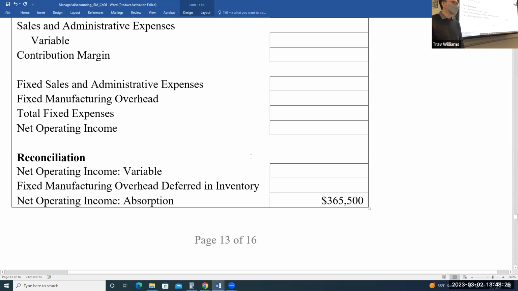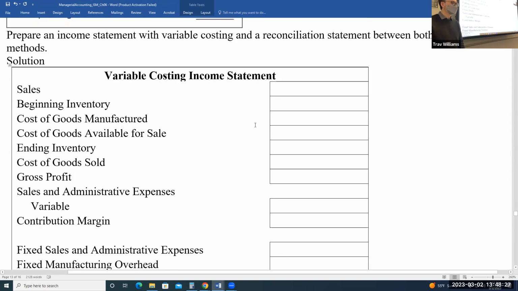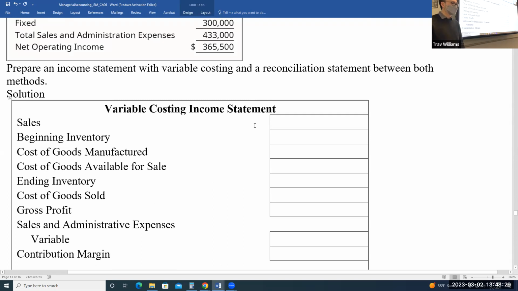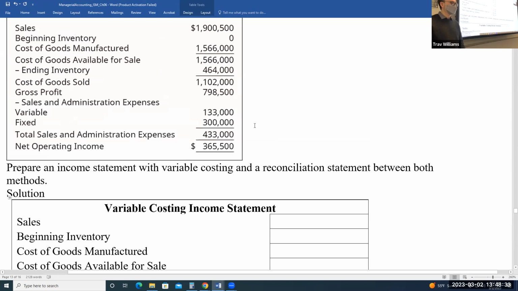Okay, so the reconciliation's quite easy. Let's make this variable costing income statement. Are the sales going to be the same as the absorption costing income statement? Yep. There's no difference in the sales because we're only changing the costs.